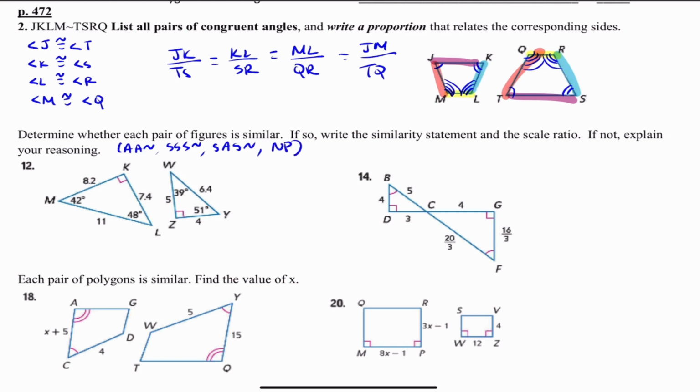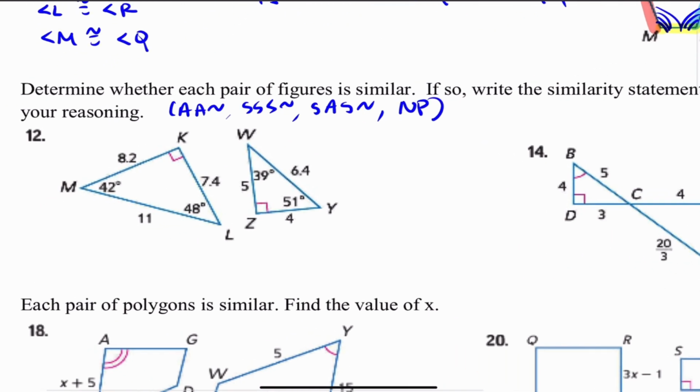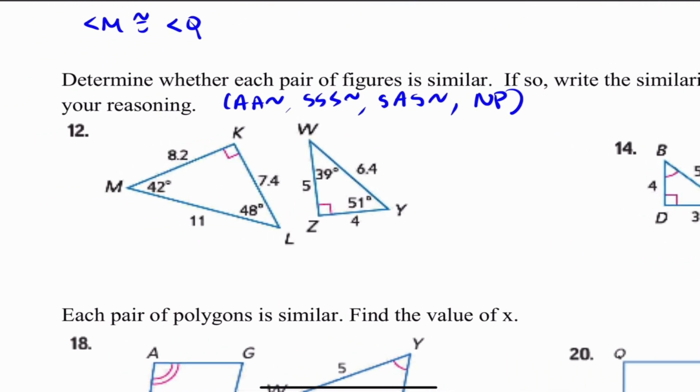If I look at number 12, notice that we can say that angle K is congruent to angle Z, and if I look at angle M, is that congruent to W or Y? No, angle M is not congruent to angle W, and it's also not congruent to angle Y. This is pretty straightforward because there are no congruent angles.